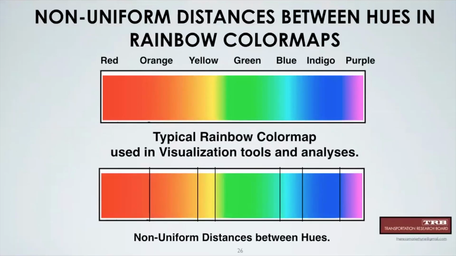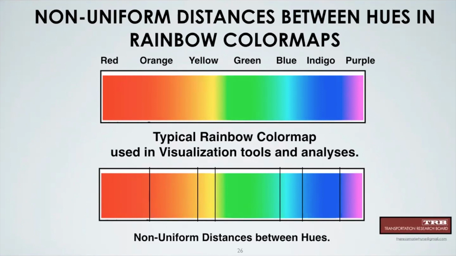In the visualization field, when they made color displays in the 1970s, they had large workstations, and by default they had a color map that was the rainbow. They just took the Newtonian prism colors and put them right across, and that was a color map. It was found that if you put a scale of 1 to 10 across it, the distances between the hues are not uniform.